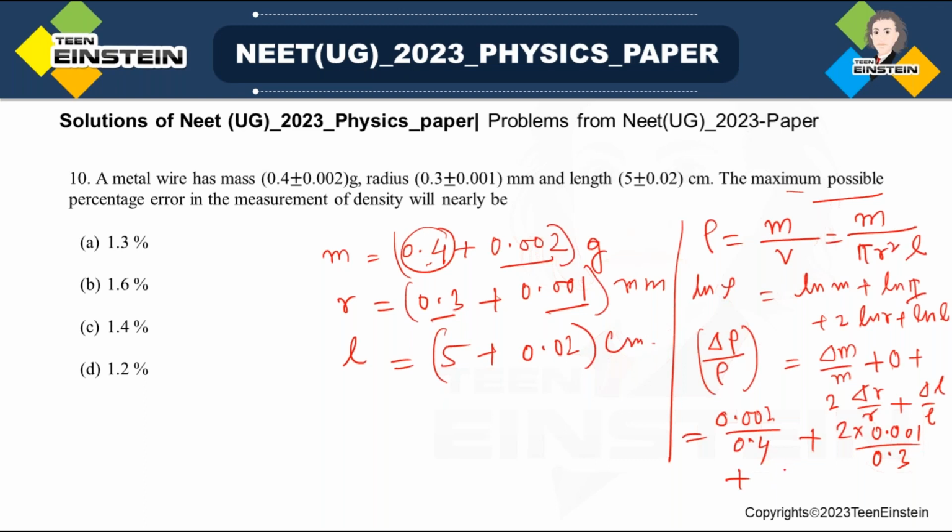Similarly, we'll write for L also, delta L is 0.02 and L is 5.